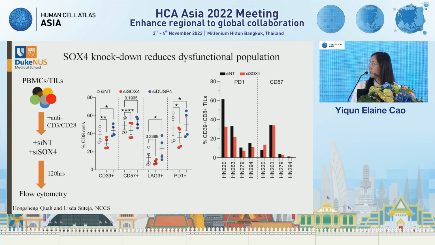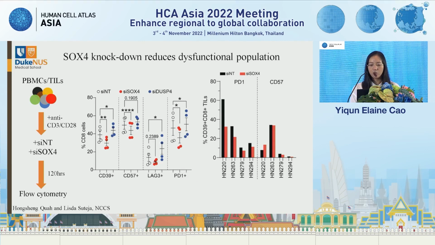So in the middle, for the PBMC data, if we look at the red dots, which is the SOX4 knockdown, it resulted in a reduction in the dysfunctional CD39 positive and PD1 positive populations.